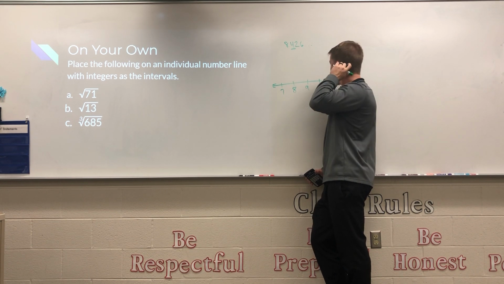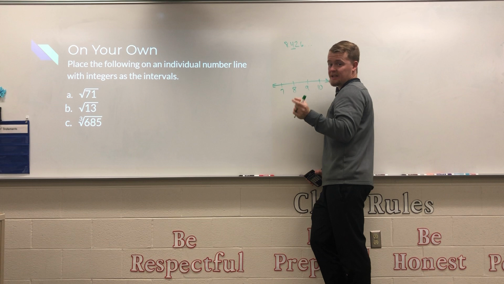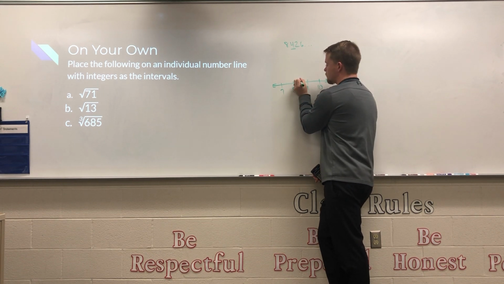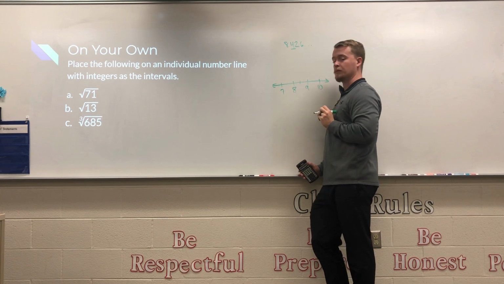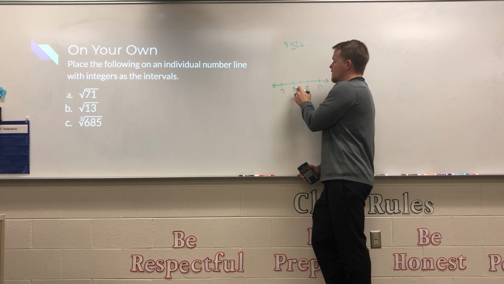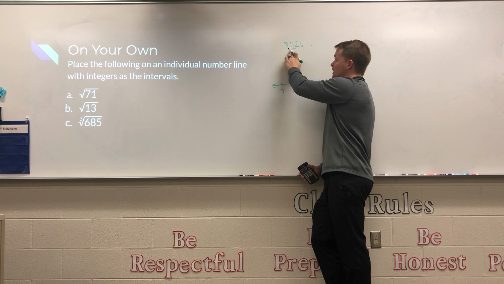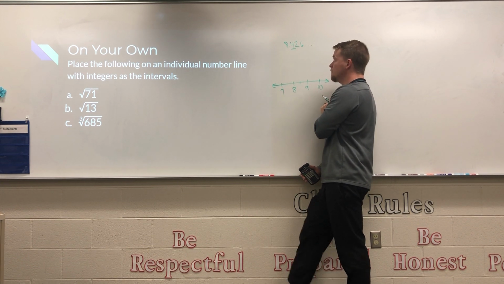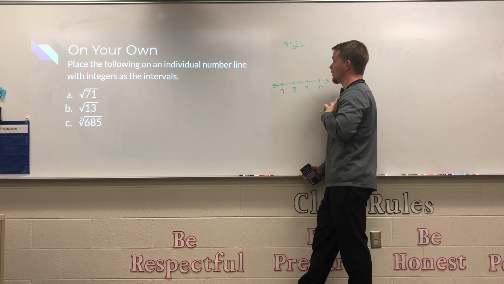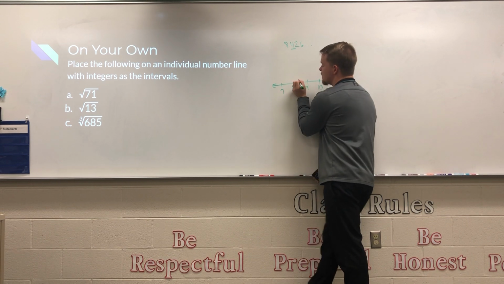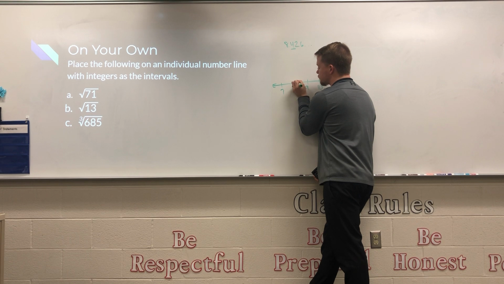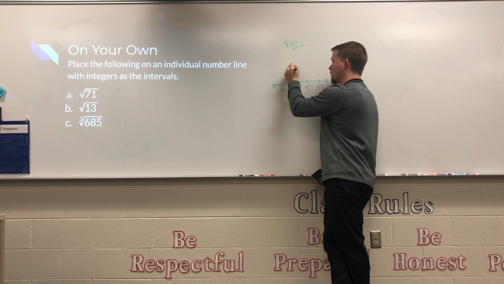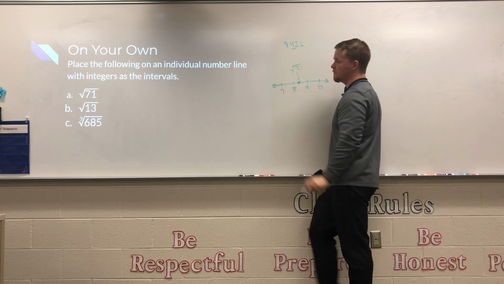So 8.4 is pretty close to the middle in between 8 and 9. So if we have my middle spot right there, we know it's going to be close to it, but just a little closer to 8 than it would be to 9. Excuse me, I got the hiccups. So that means right here would be about where that point would be. So that is my square root of 71.